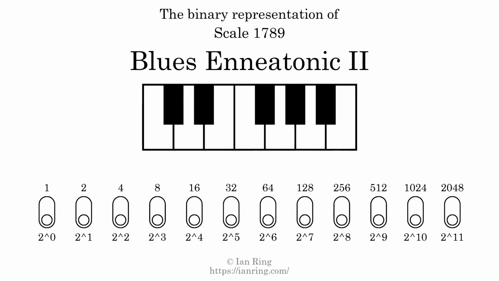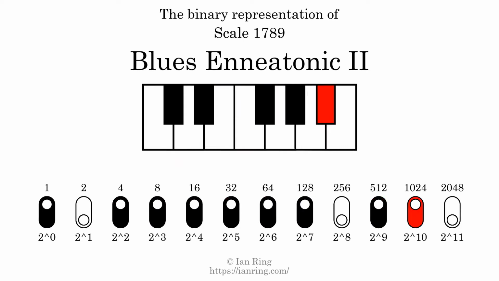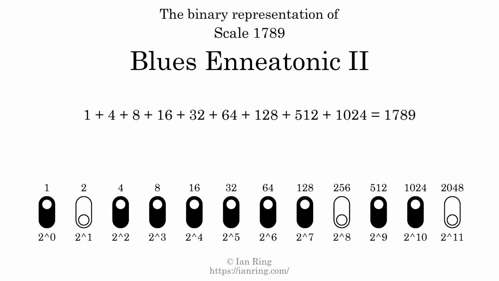The binary representation of this scale is determined by mapping tones of the scale to binary digits. Each binary digit represents a power of 2. To get the scale number, we add the powers of 2 together. The powers of 2 that are present in the scale, all added together, equals 1789.